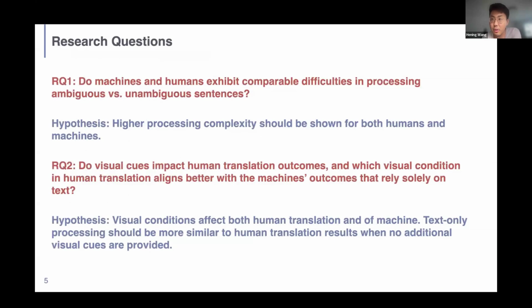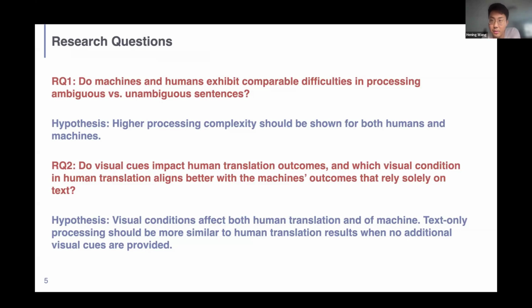That brings us to our research questions. Our first research question is, do machines and humans exhibit comparable difficulties in processing ambiguous versus unambiguous sentences? And our hypothesis for that question is, higher processing complexity should be shown for both humans and machines.